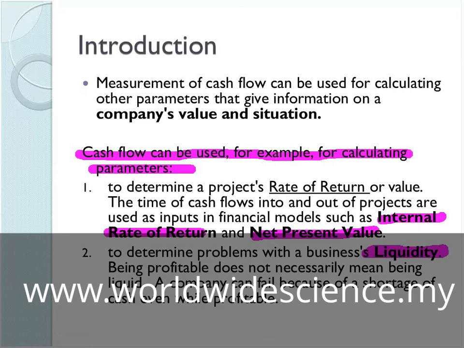The first one, so here it is given that to determine a project's rate of return or value, the timing of cash flows into and out of the project is used as inputs in financial models such as internal rate of return. That means when you're a company, you do some investments, for example, you have some new projects, right? And for this investment, you must invest some cash money.